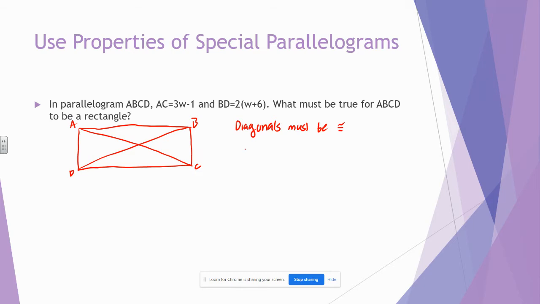So that means they have to have the same length. So we set 3w minus 1 equal to 2 times w plus 6. Distribute the 2. 3w minus 1 is equal to 2w plus 12. Subtract the 2w, add the 1. We get w is equal to 13.